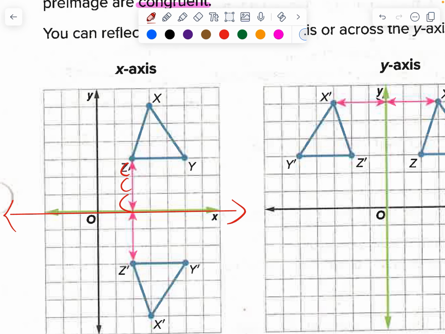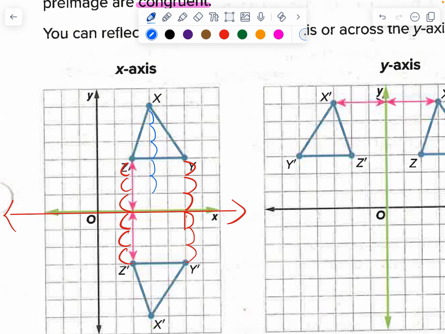So when we reflect it over, we also have to have 1, 2, 3. Y is 1, 2, 3. So across the x-axis it also has to be 3. 1, 2, 3.